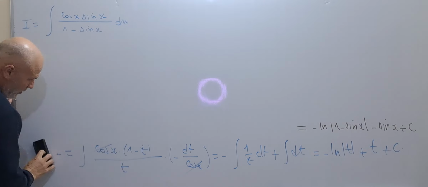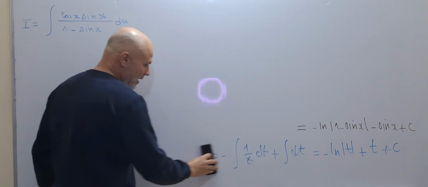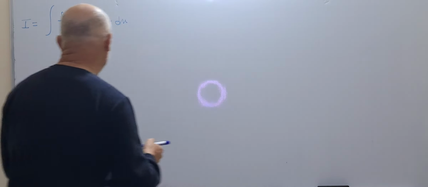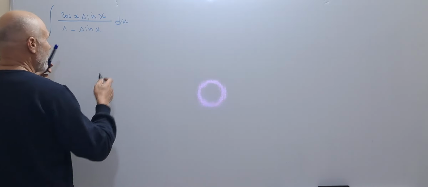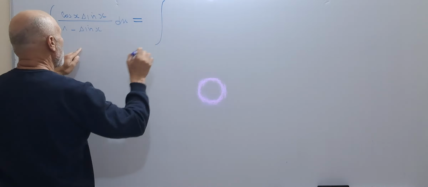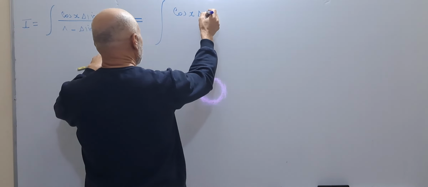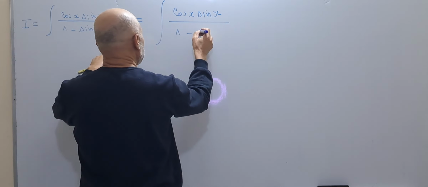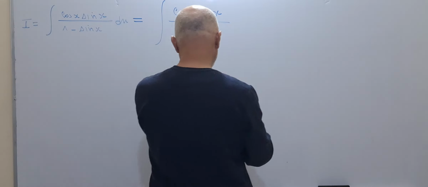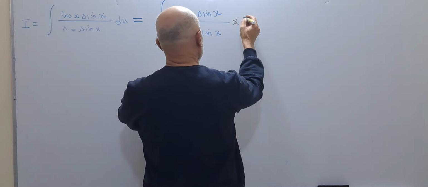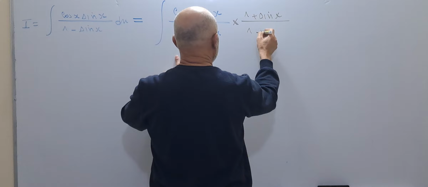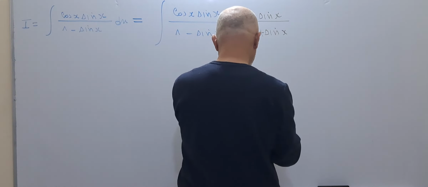So here the first way and the second way and the third way give us the same form of the primitive. The fourth way is equal to cosine x sine x over 1 minus sine x times 1 plus sine x over 1 plus sine x dx.